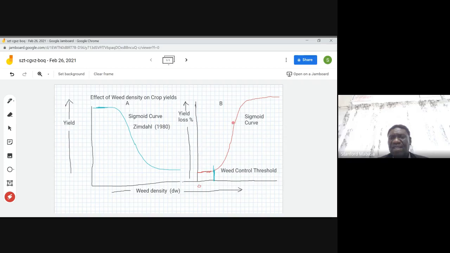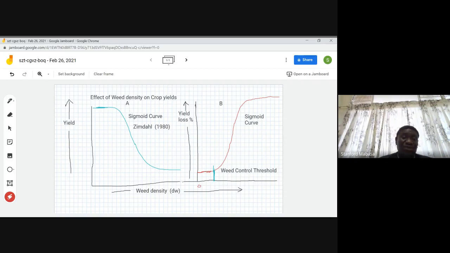Then you get this sort of graph, and this can be used as a management tool to tell farmers whether to weed or not. So we can tell the position of the weed control threshold according to Zimdahl.